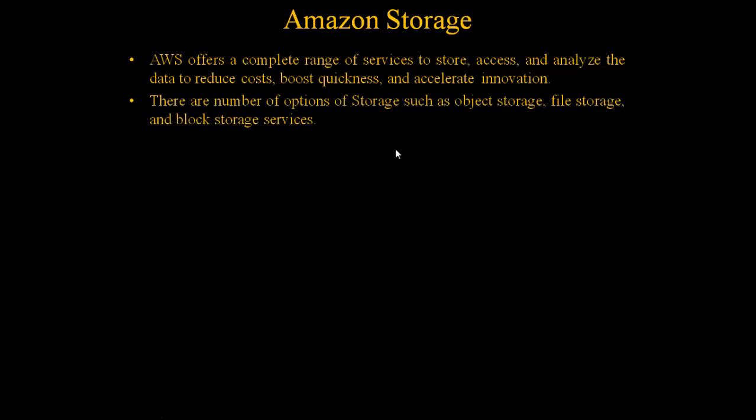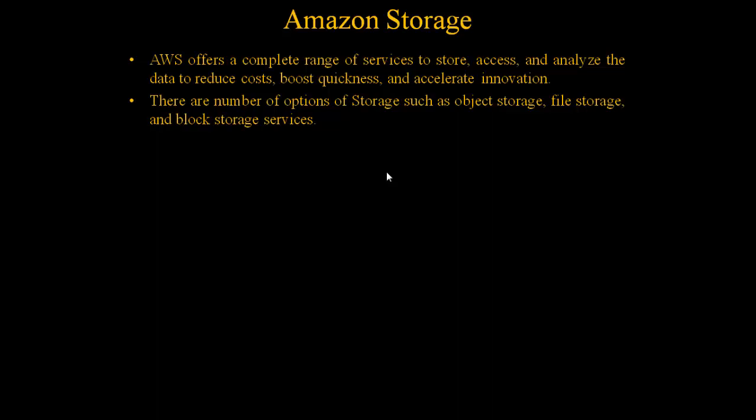There are a number of storage options such as object storage, file storage and block storage services. In this domain AWS provides various services in the form of object storage, file storage and block storage. These are the basic services AWS is providing.